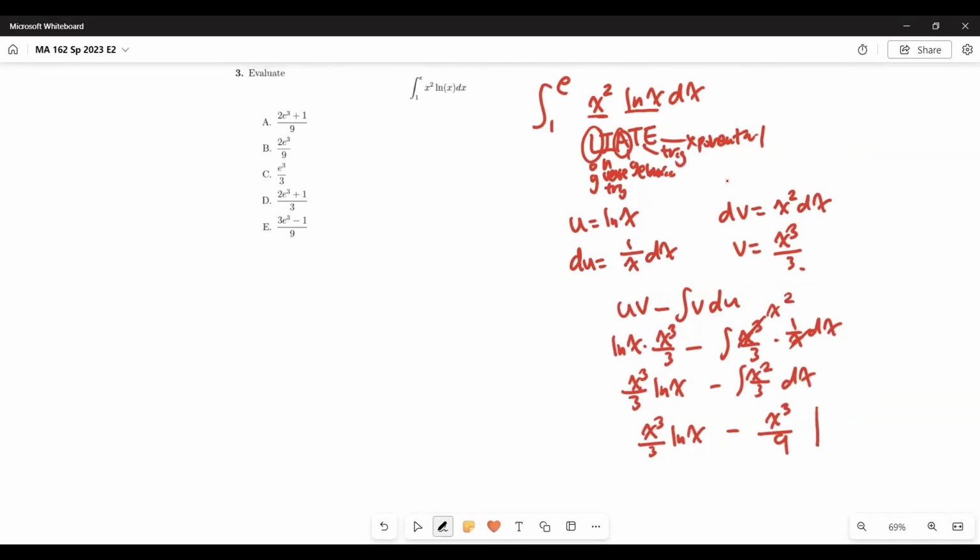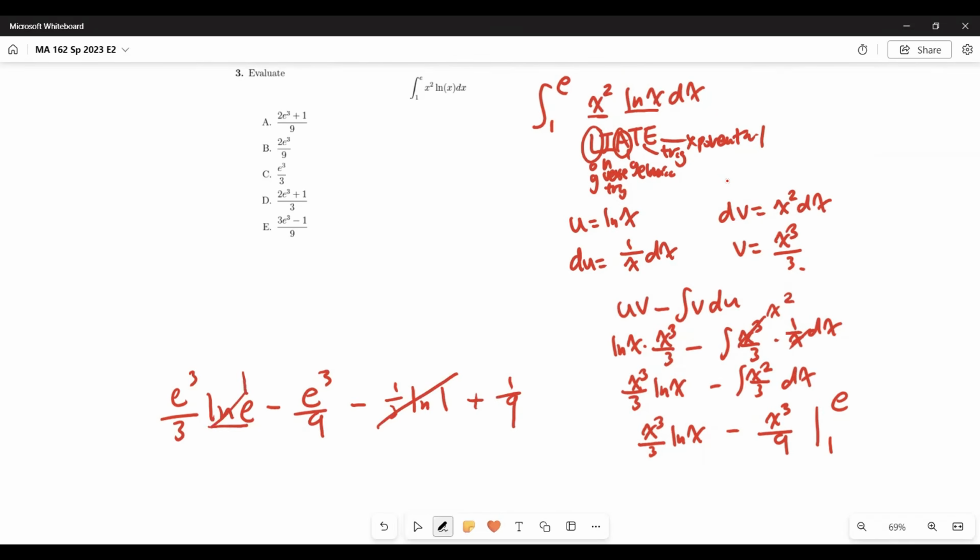And then we have to plug in our bounds, 1 to e, okay? e cubed over 3 ln e minus e cubed over 9 minus 1 over 3 ln 1, and then plus 1 over 9. So this will be 0, ln 1 is 0, and ln e will be just 1, right?